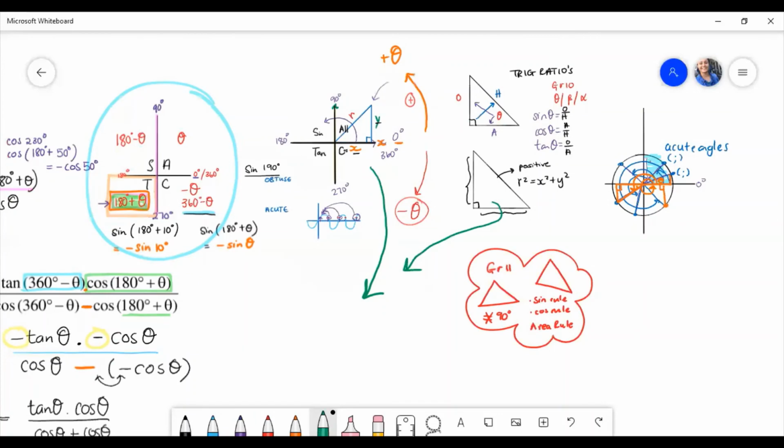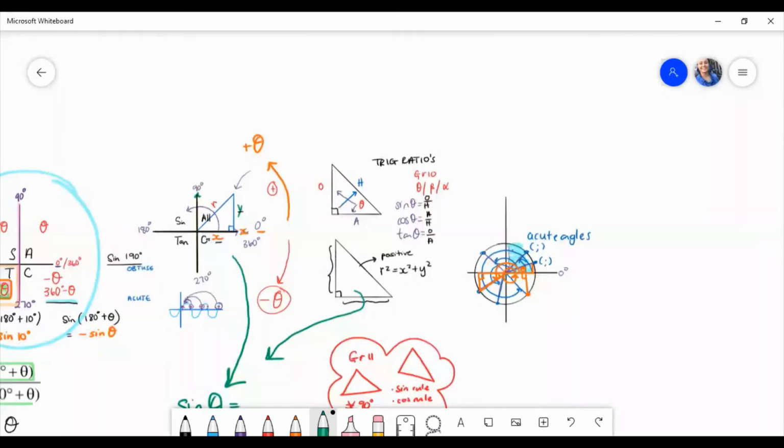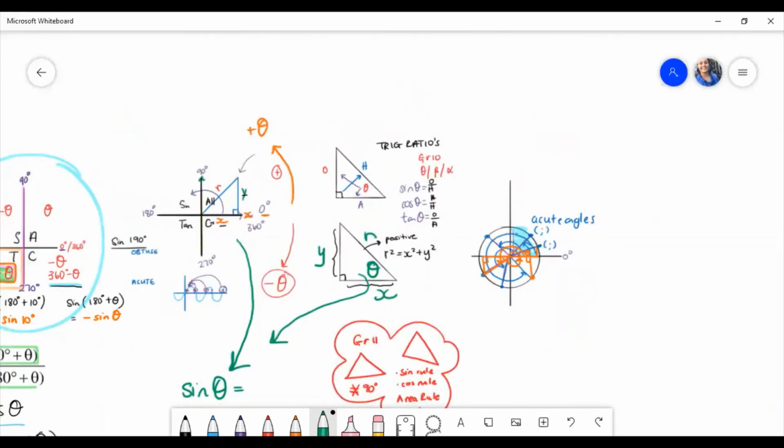If I were to express sine of theta in this triangle, with theta here, there's my y, there's my x, there's my r, then in this green triangle, sine of theta is opposite y over r.